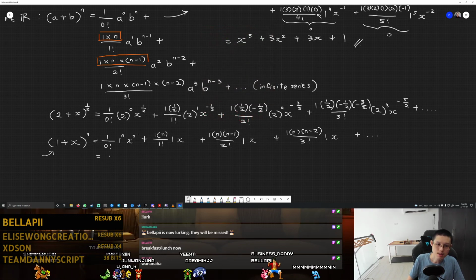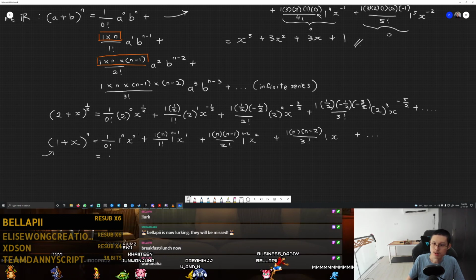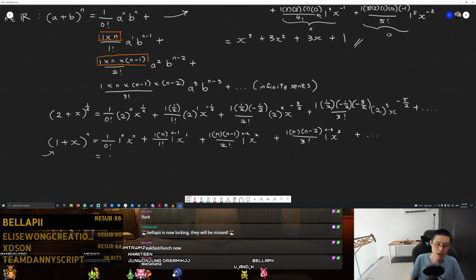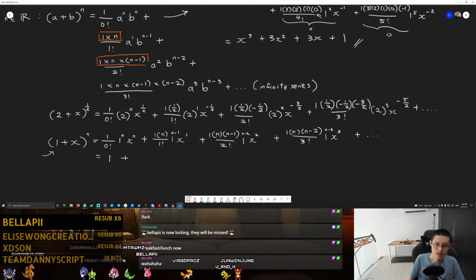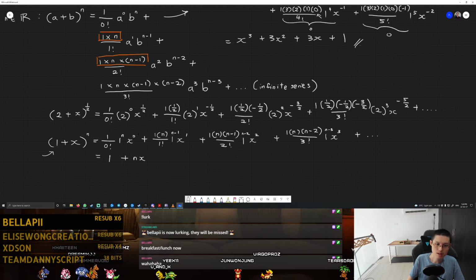So this is going to be n minus 1, 1, n minus 2, 2, n minus 3, 3, and so on. So you can see here that 1 to the power of any number will just give you 1, but this one will give you 1 over here because x to the power 0 is 1. This one will actually give you n times x.